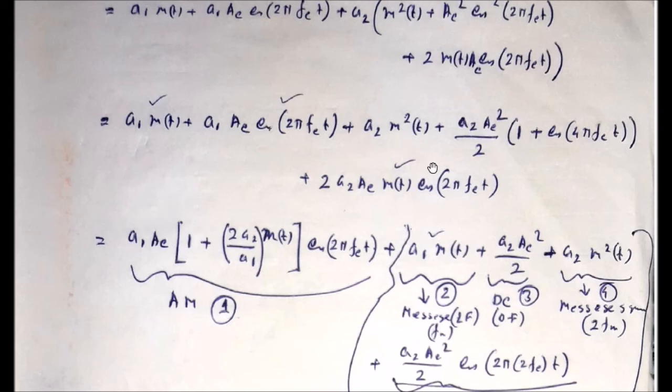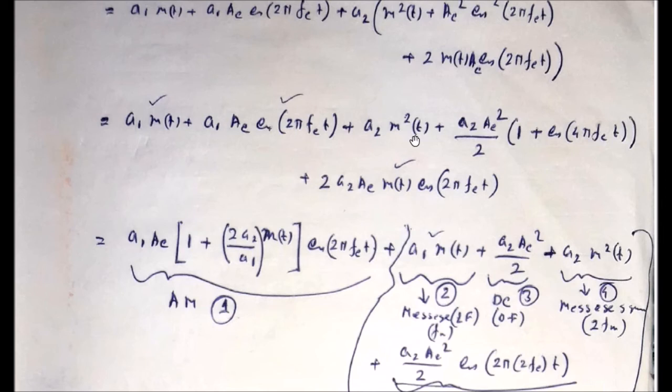Just consider m squared(t). I am considering m(t) equal to cos theta, then m squared(t) is equal to cos square theta. So how can you represent cos square theta? You can represent it by half of 1 plus cos 2 theta. It is a simple thing.